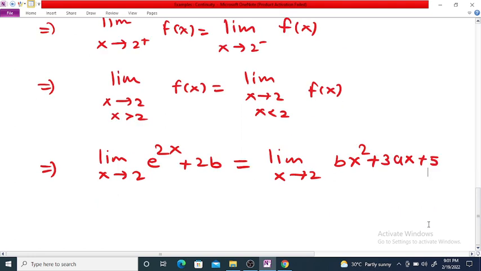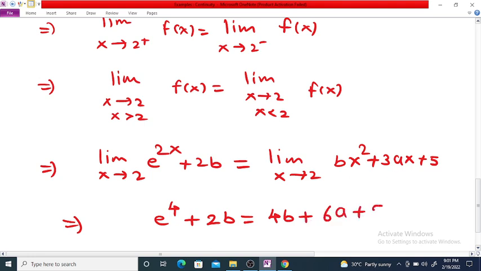So if we simplify this, as we take limit x tends to 2 here, it is e raised to 4 plus twice b is equal to 4b plus 6a plus 5.